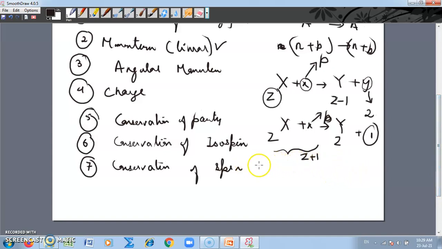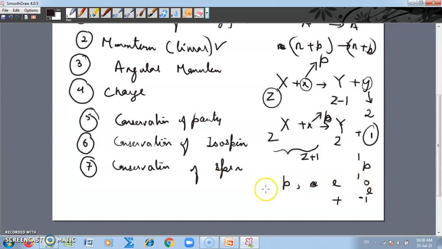Actually, in conservation of charges, I forgot to tell you that you see the charges, we have the proton and the neutron. Sorry, neutron is chargeless, so I have the proton and the electron. So if you have an electron on that side, then again this is equivalent to a negative charge. So in case of electrons, a proton can be written as 1, 1 like this, and the electron can be written as -1 and 0 out here.